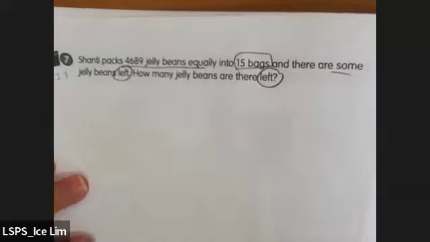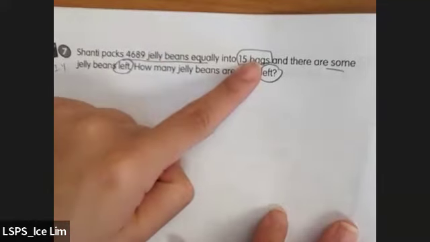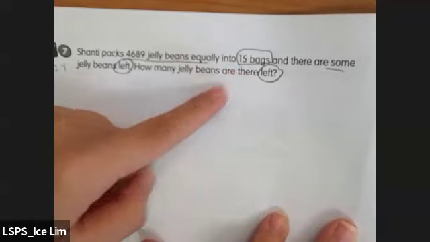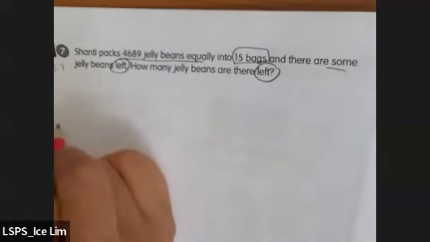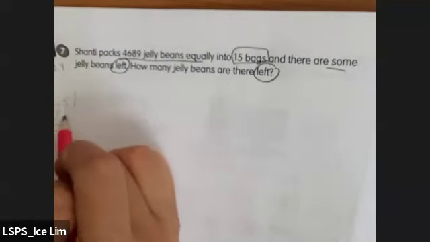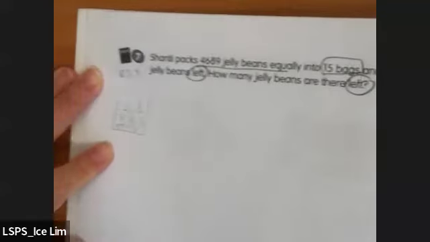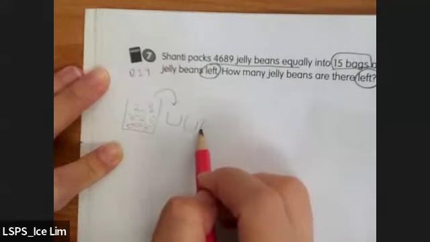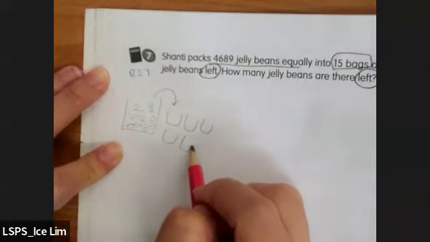This one, the beans go into bags, but you already know how many bags. It's 15 bags. So in other words, I have this big container of a lot of jelly beans. I'm going to put these beans into 15 bags.